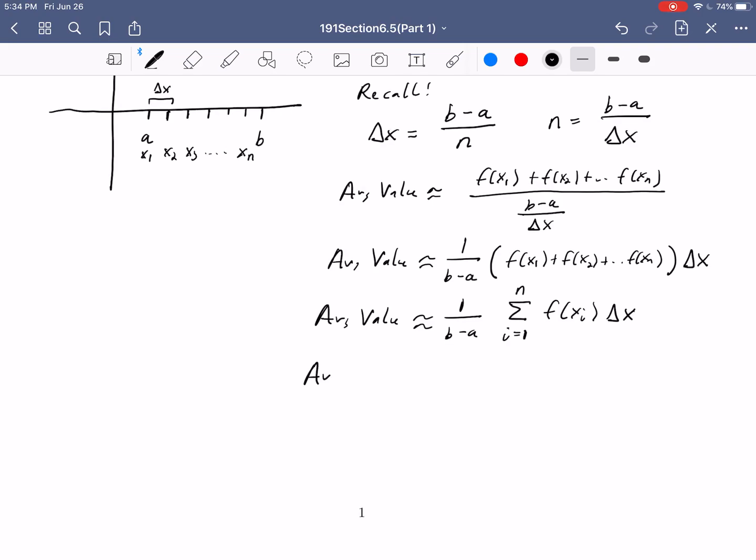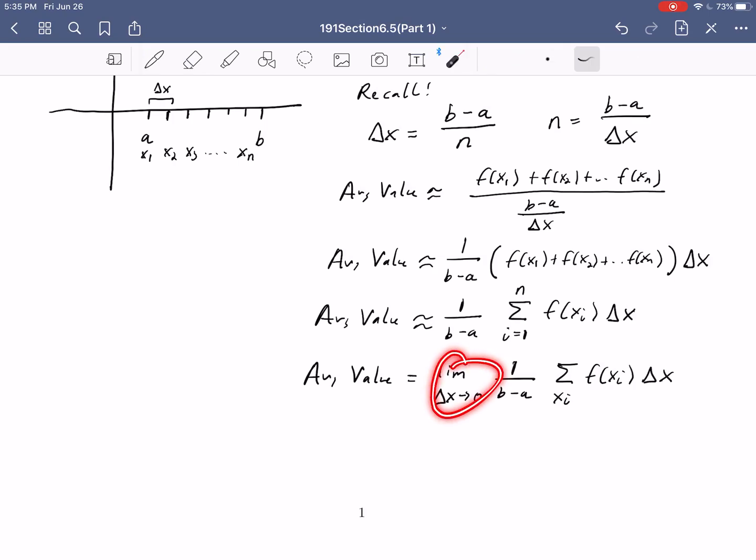So we can say that the average value here is actually equal to the limit as that delta x approaches 0 of 1 over b minus a, sum over all the xi that we'll be summing up, f of xi delta x. Then, of course, this limit is as delta x approaches 0, so this 1 over b minus a can just go in front here.